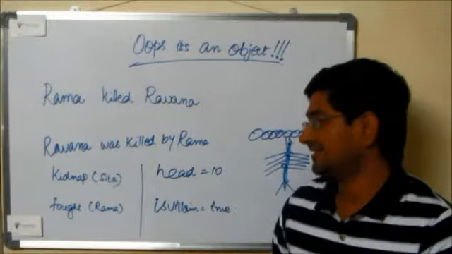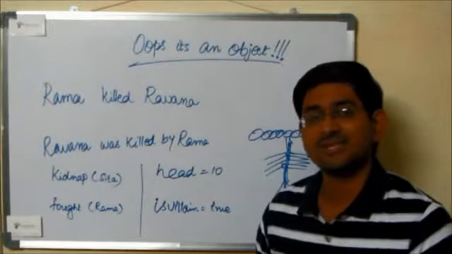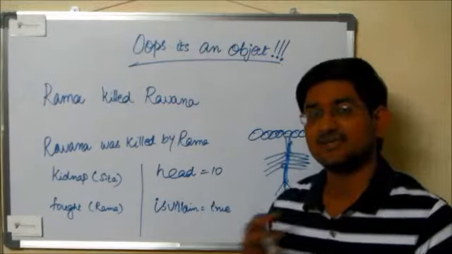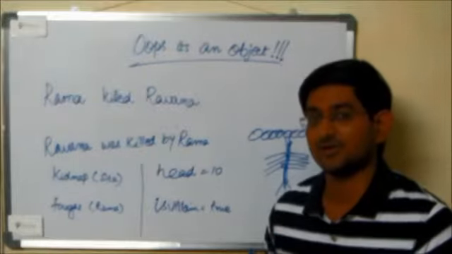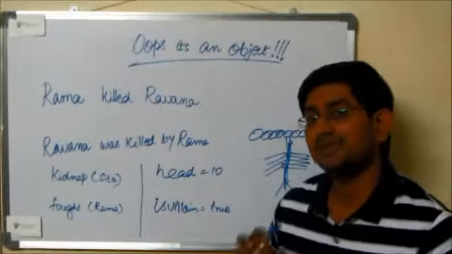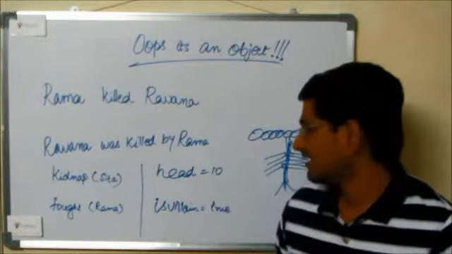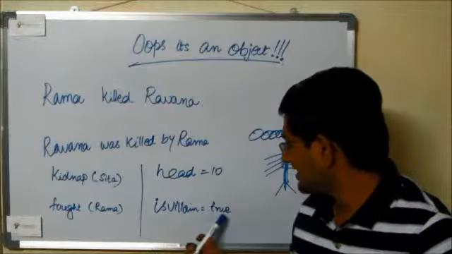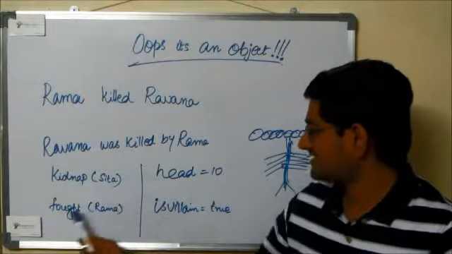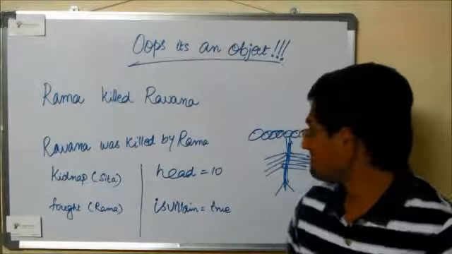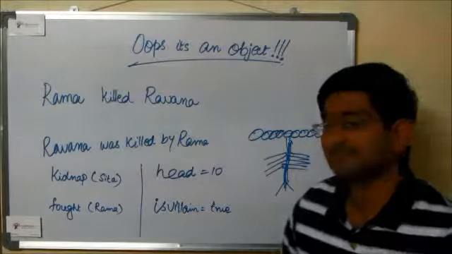He kidnapped Sita and fought with Rama. So there are certain characteristics, certain traits, certain options or actions done by that person, and that qualifies the person Ravana. So head equal to 10, is villain equal to true, kidnap of Sita, fought of Rama. That is this guy Ravana.